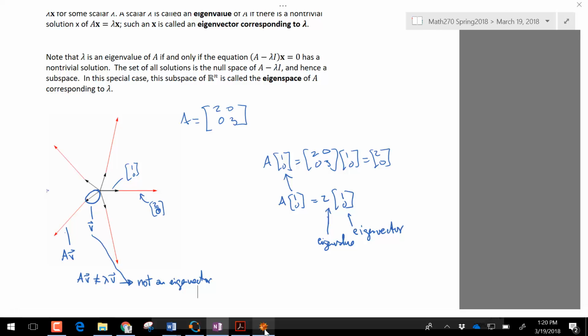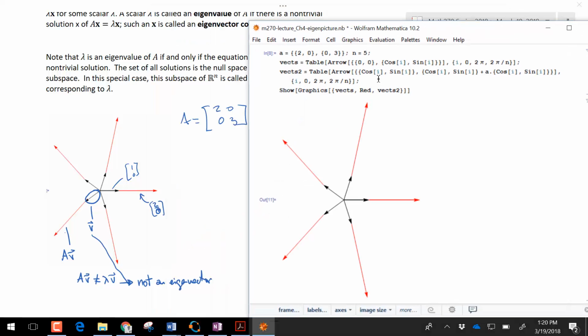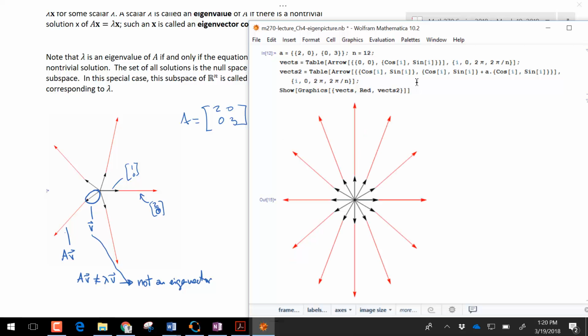So the point of this picture is that, just by eyeballing it, we can sort of find where our eigenvectors are.